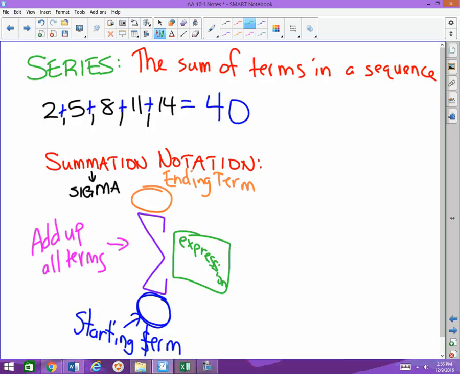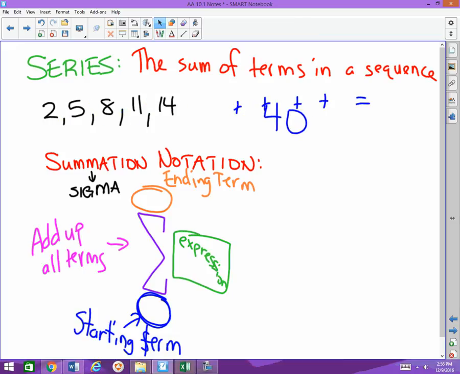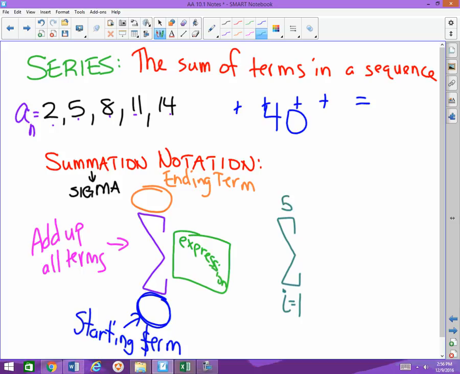So if we go back to our sequence here of 2, 5, 8, 11, and 14, and we say that this is sequence A sub n equals, there's 5 terms. So when we write the summation notation, we would say i equals 1 to 5 of A sub i.